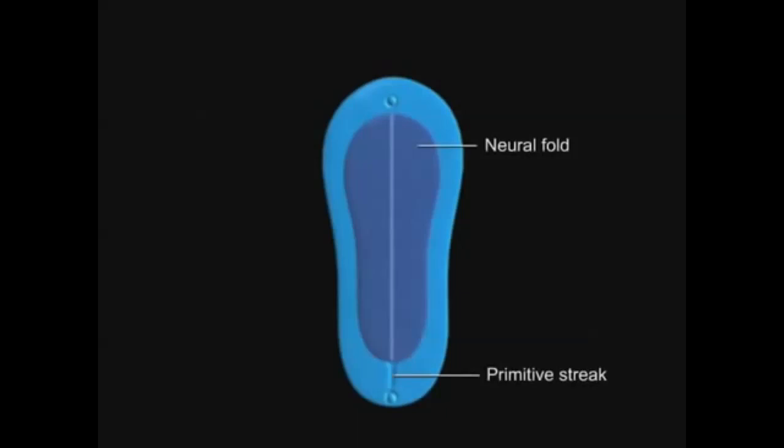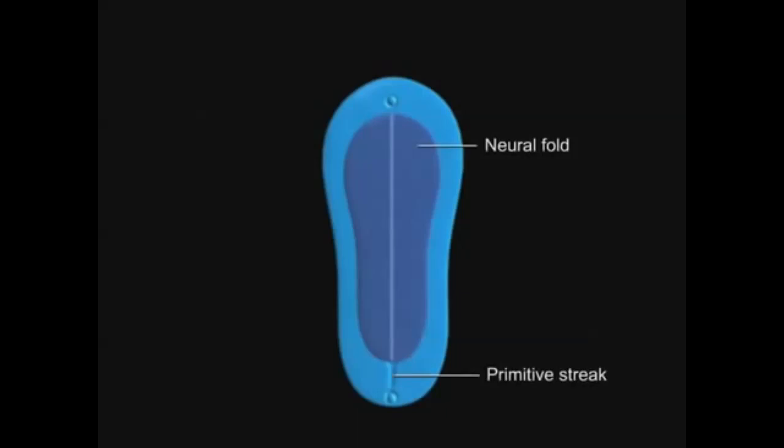On this stage, you can see that there is a line, midline, which divides the embryo into two symmetrical sides, left and right.